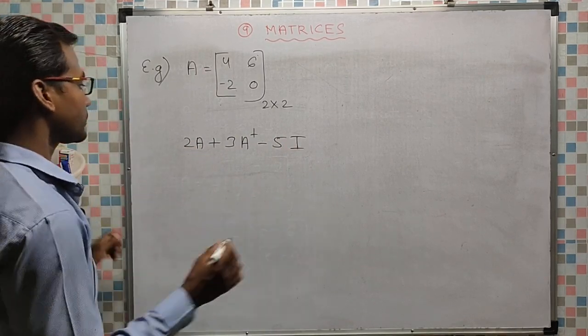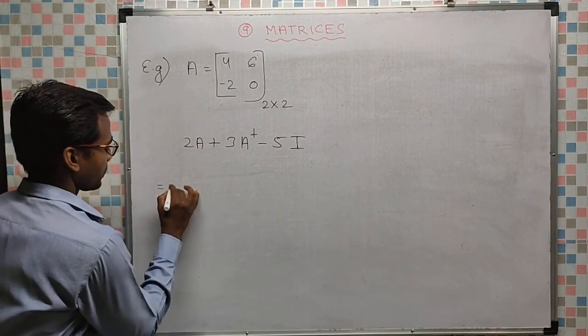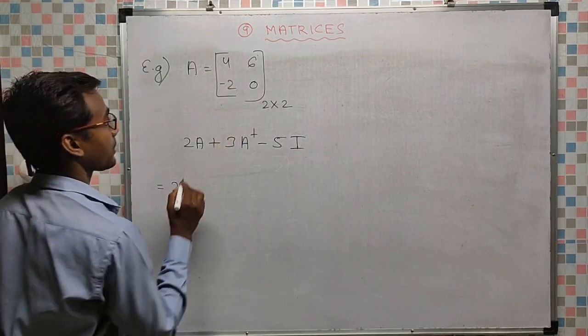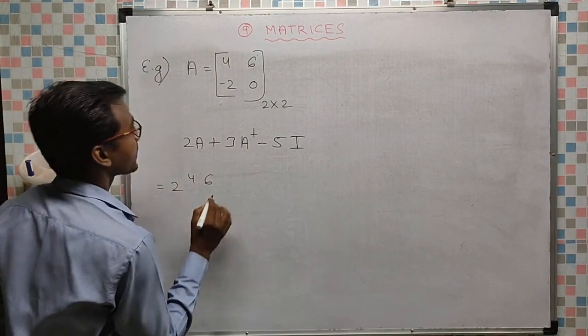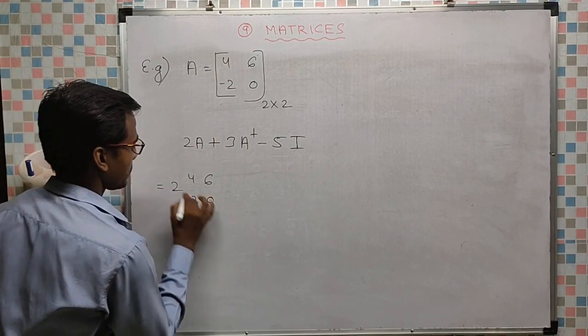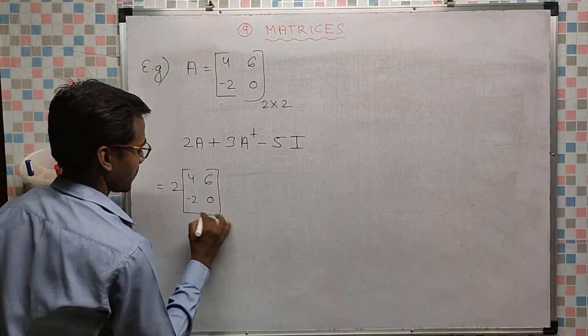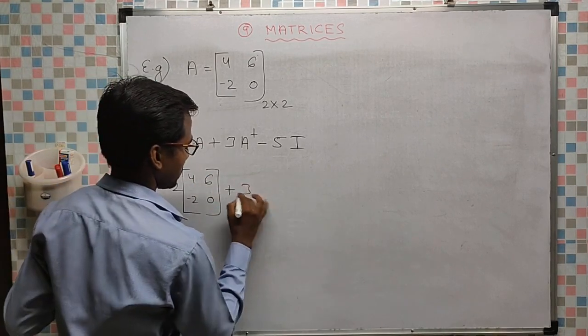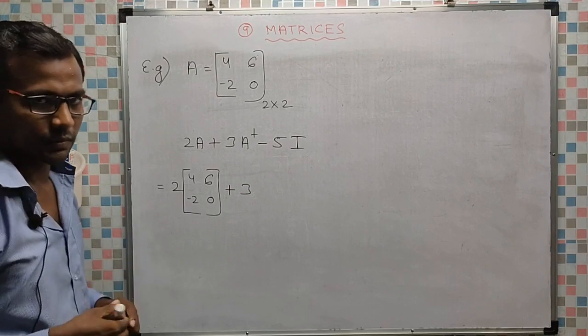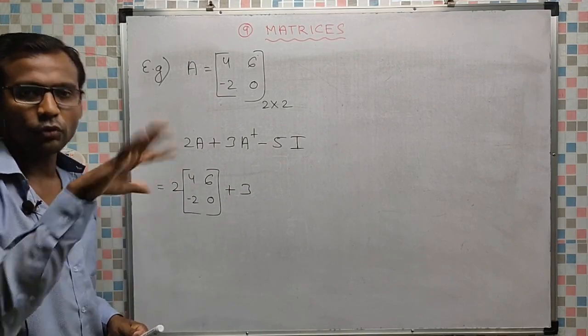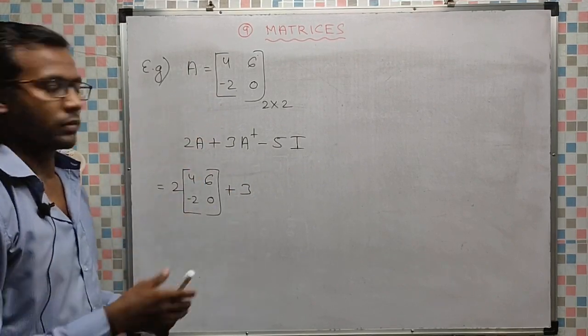Okay. So this is equal to 2 into, write this matrix here, 4, 6, minus 2, 0, plus 3 into A transpose, you know how to do, C to R, okay, column to row.